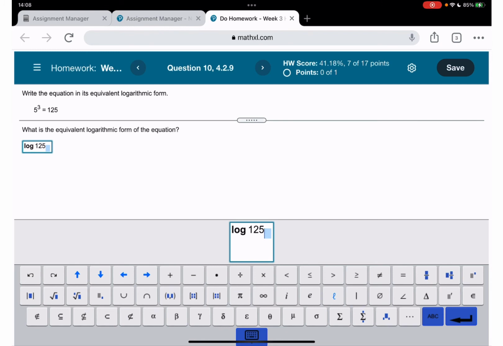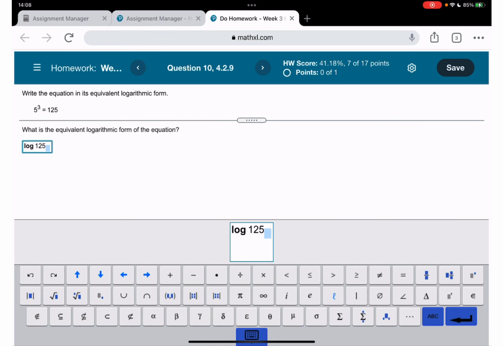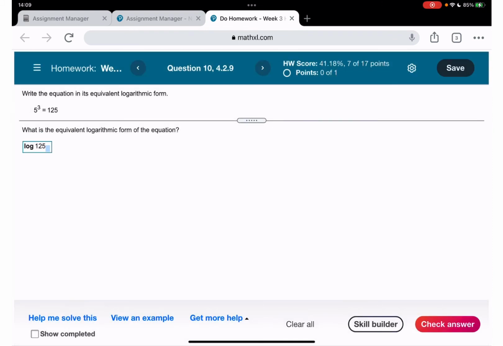I need to clean this. Okay, let's go back. I'm going to clean this. How am I going to clean? I have no idea. Okay, well, clear all. Okay, good. We cleared all.